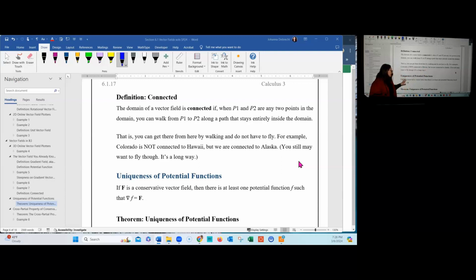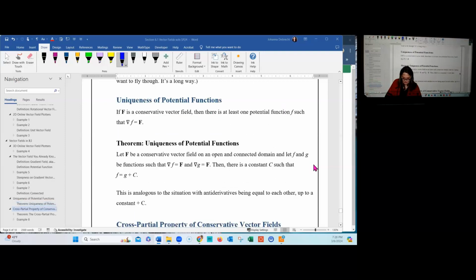Let's go ahead and now consider the uniqueness of the potential functions. In other words, if there's one potential function for a vector field, are there other potential functions that give the same vector field? Let's suppose that we have a conservative vector field.